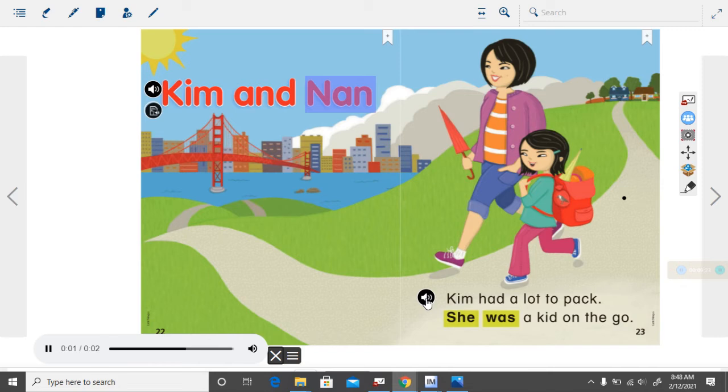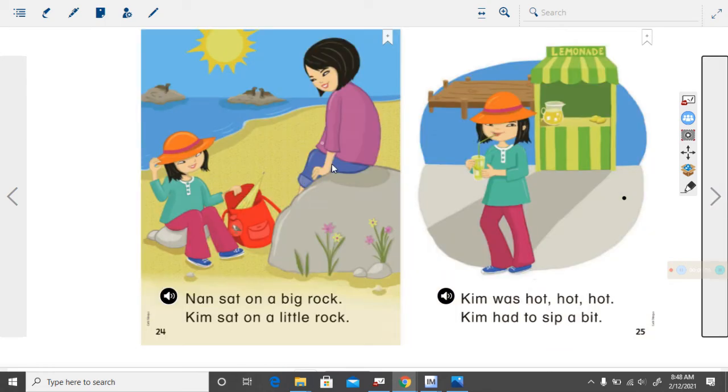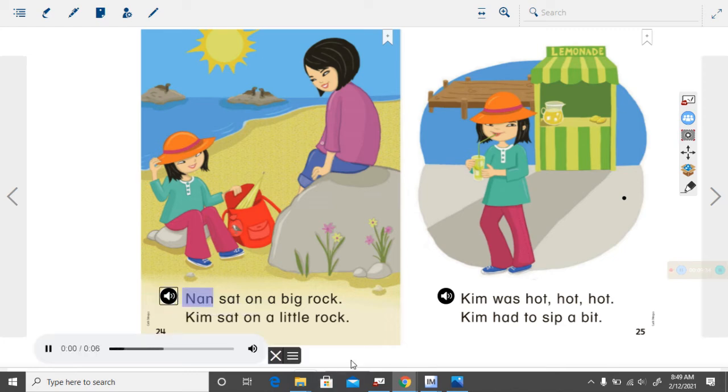Kim and Nan. Kim had a lot to pack. She was a kid on the go. Nan sat on a big rock. Kim sat on a little rock. Kim was hot, hot, hot. Kim had to sip a bit.